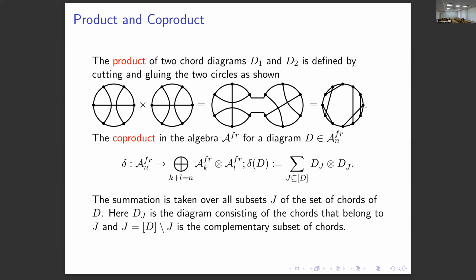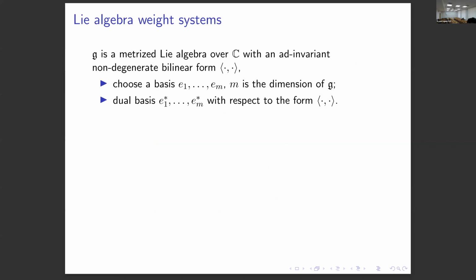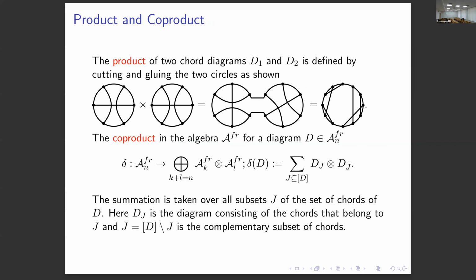We sum over all possible choices of the subset J. This product and co-product make the space of chord diagrams modulo the Fortune relationship a Hopf algebra.